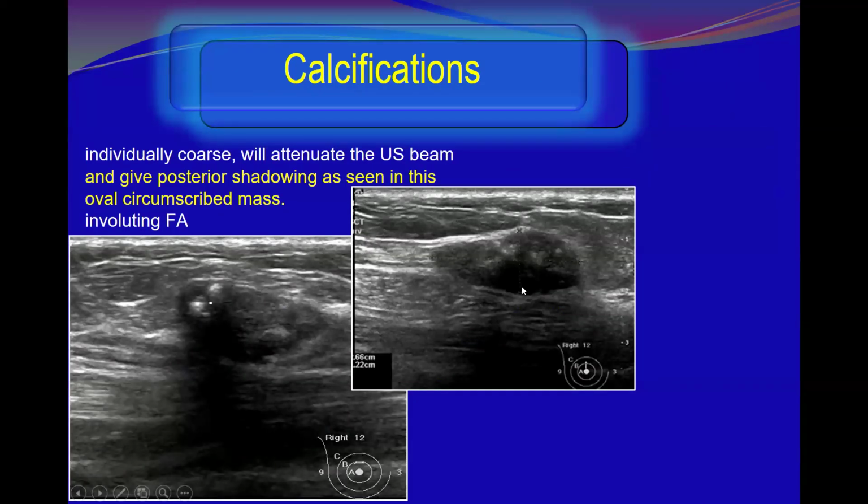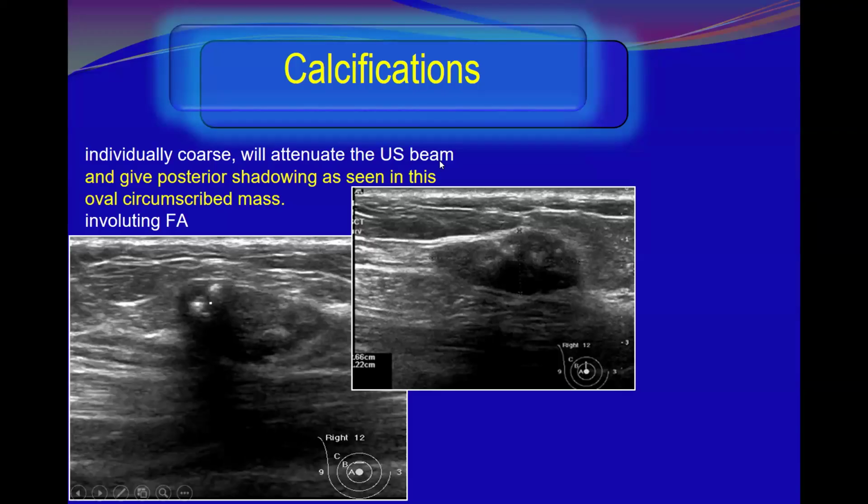If we look at these lesions here, this is the same mass, but this is transverse and here it is longitudinal. Can you tell me the difference? It is written here that it is an involuting fibroadenoma. It is oval, circumscribed, and everything.